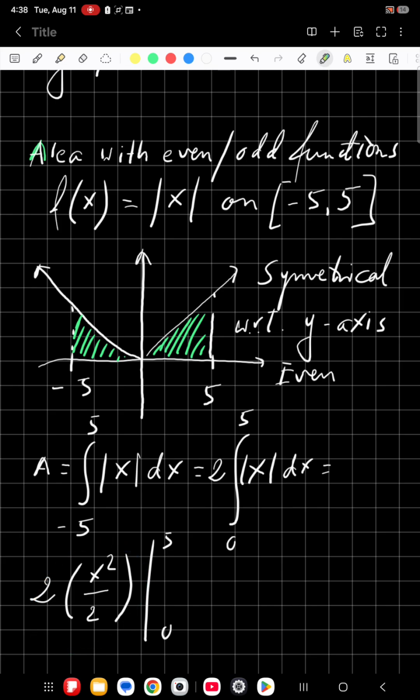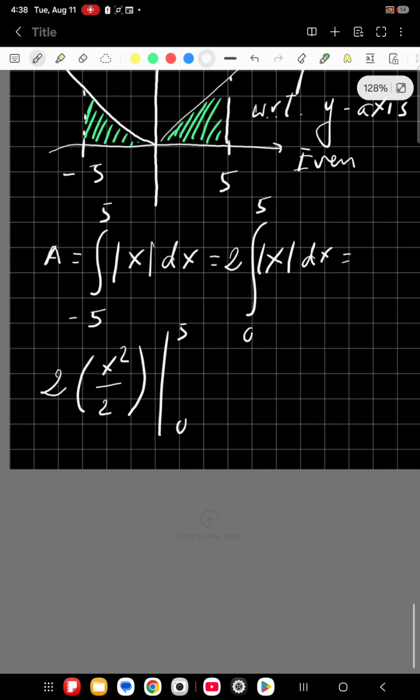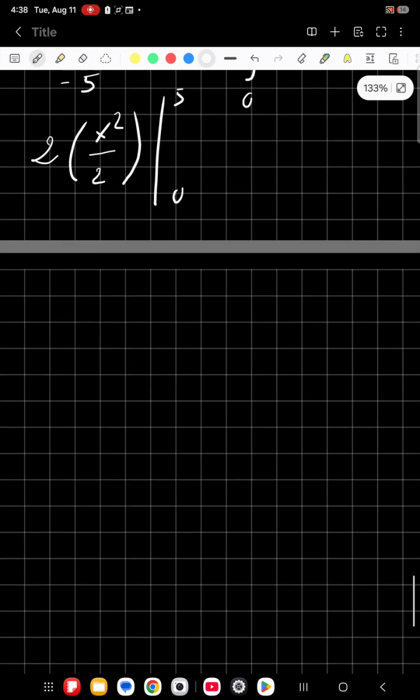Okay, so this was an even function. Let me quickly show you a function that's odd. Okay, so let's say we have, what do I have? Okay, so y equals x cubed. I'm just looking at it.